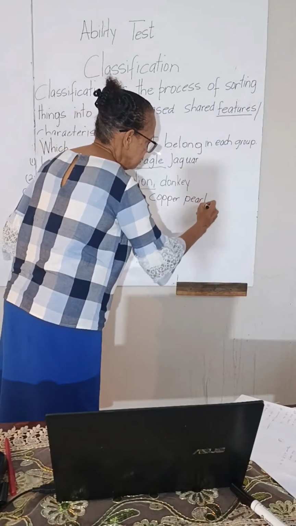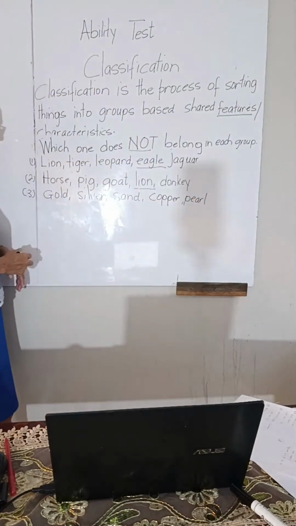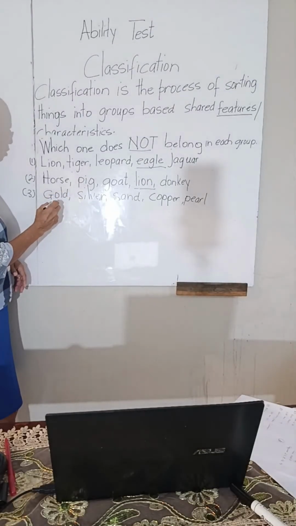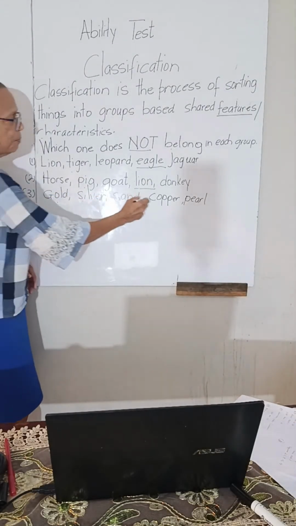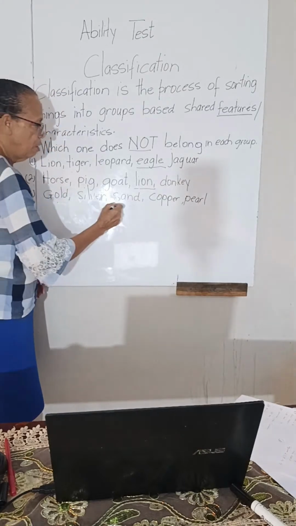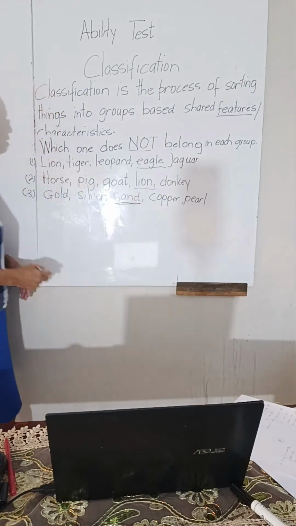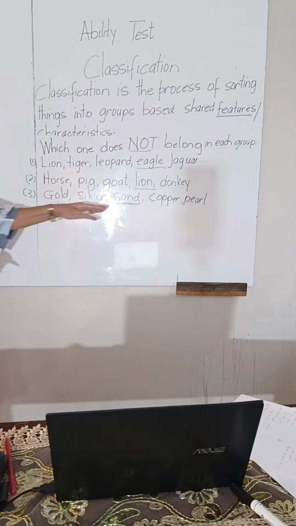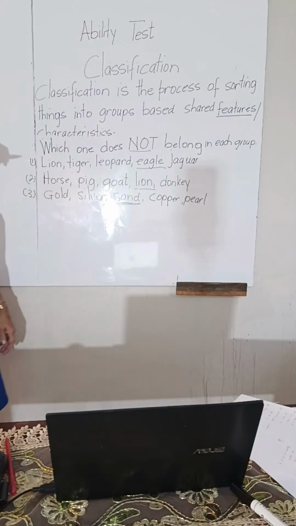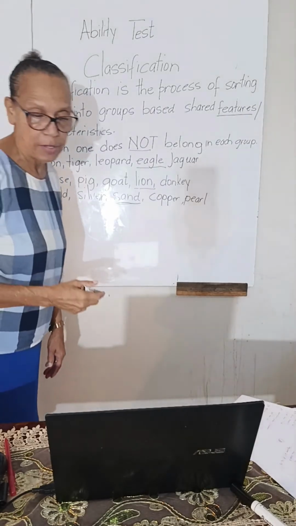Which one is different? Gold, silver, sand, copper, pearl. All the others are metals except sand. So you have to be able to choose the odd one.